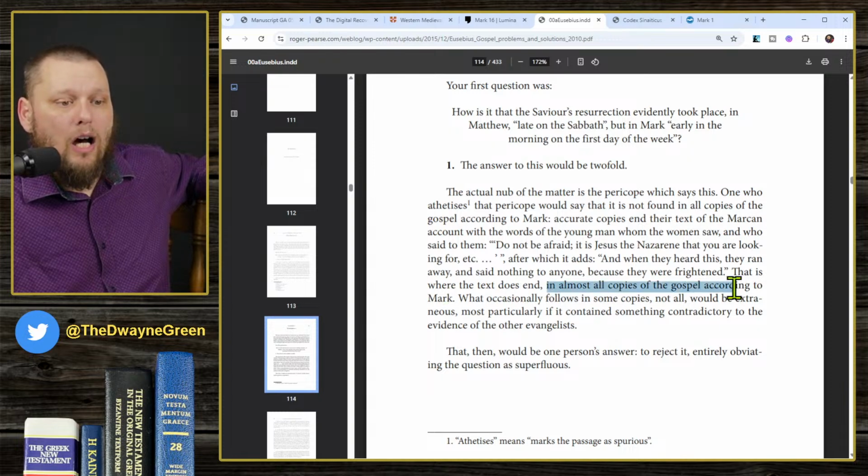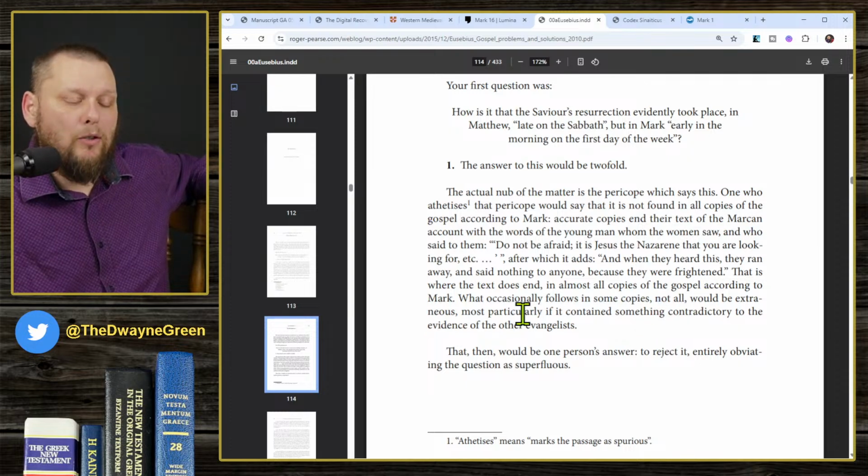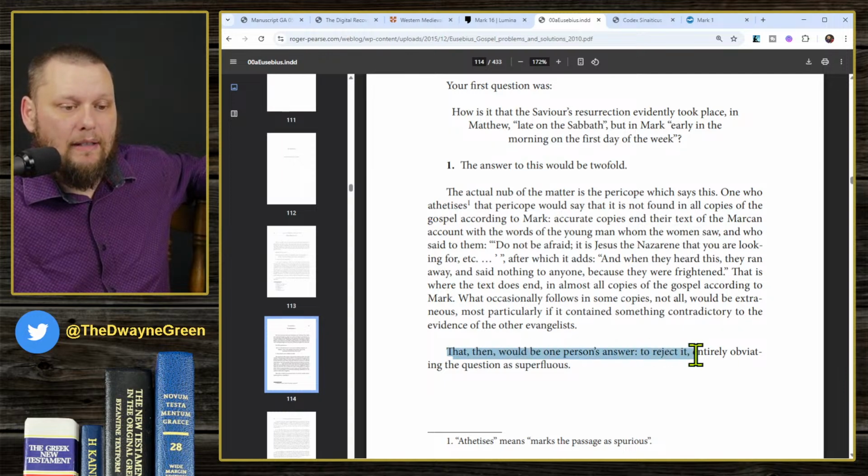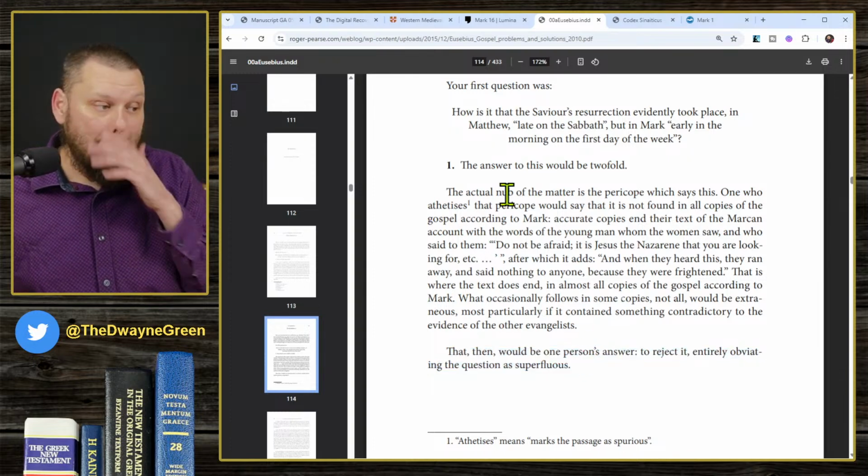In almost all copies of the gospel according to Mark, what occasionally follows in some copies, not all, would be extraneous, most particularly if it contained something contradictory to the evidence of the other evangelists. That then would be one person's answer, to reject it, entirely obviating the question as superfluous. Now understand what's happening here.